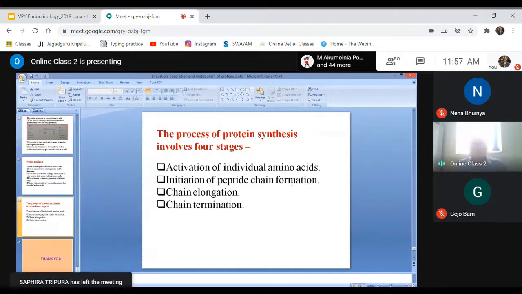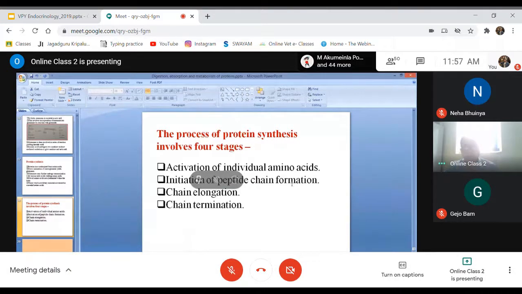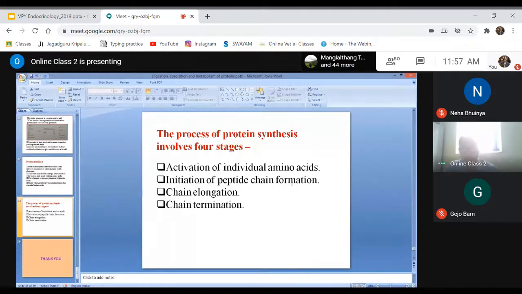There will be deamination as well as transamination, and after that there will be production of acetyl coenzyme A. This acetyl coenzyme A will enter into the TCA cycle, and there will be production of energy in the form of ATP. For some amino acids, acetyl coenzyme A will be produced directly, but for some amino acids there are other intermediate metabolites. Ultimately, whatever metabolite forms will be metabolized by the TCA cycle, yielding energy in the form of ATP.